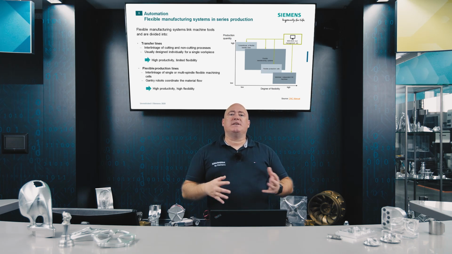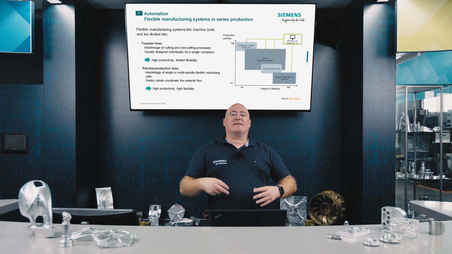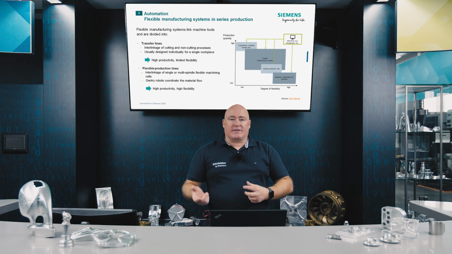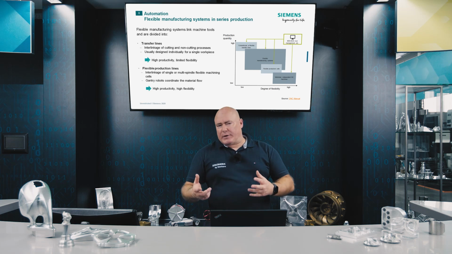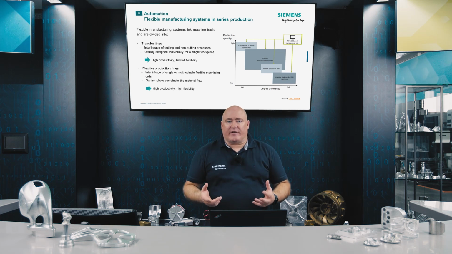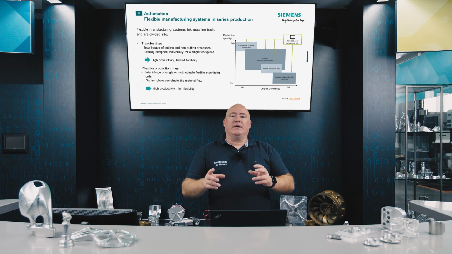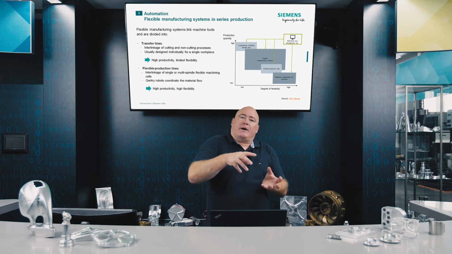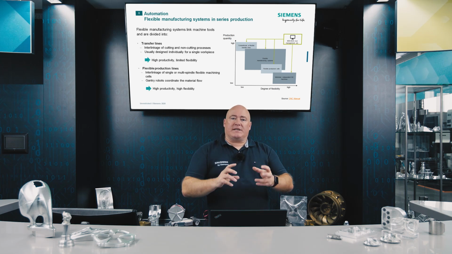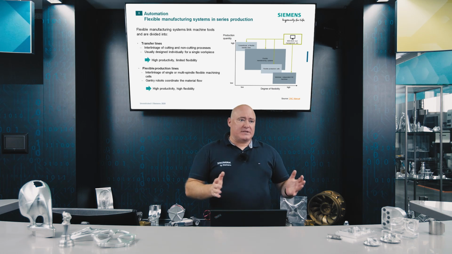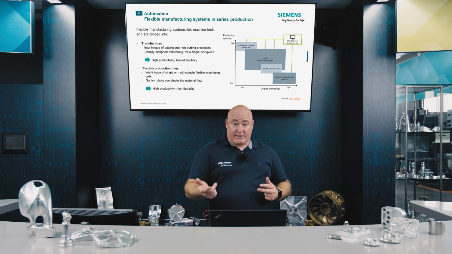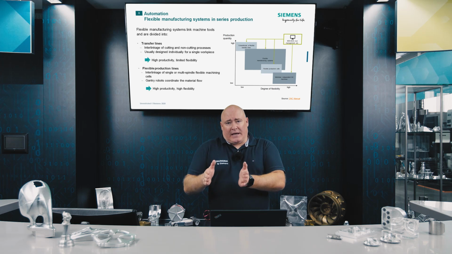The non-cutting processes could be reforming or bending in this case, which are linked up to the cutting process. Here we're talking about extremely high productivity, but with limited flexibility.